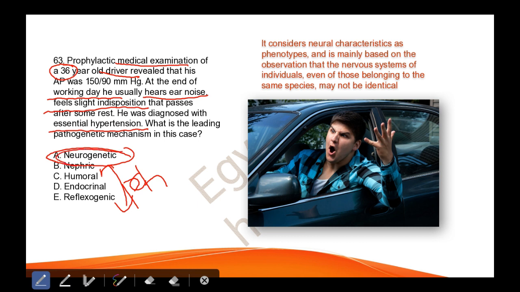But the neurogenic mechanism is actually phenotypic, because we can have another person in the same situation who will not have the same reaction. He will not develop hypertension. Maybe he will be very happy, but as the driver here is angry, it means it's a neurogenically induced mechanism that led to essential hypertension.